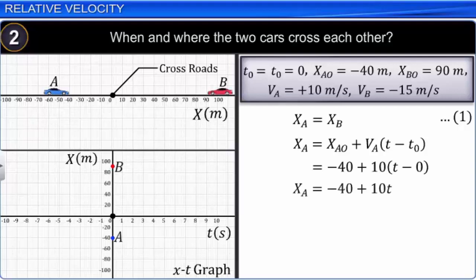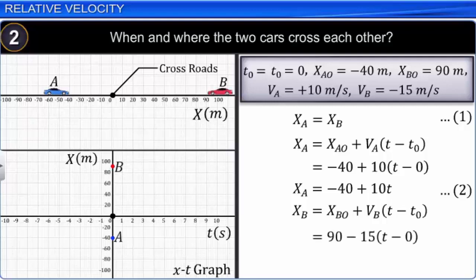Similarly, XB is equal to XB0 plus VB into (t minus t0). By substituting and simplifying, we get XB equal to 90 minus 15t, which is equation 3.